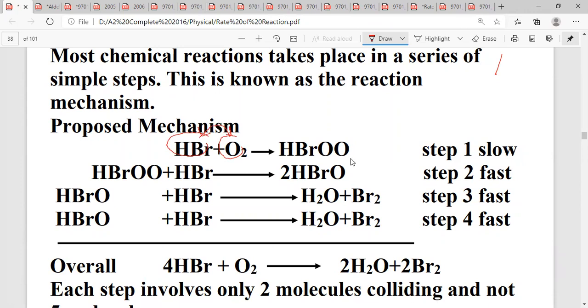Every step involves only two, normally. So this is a normal assumed mechanism. Not three fellas. Two fellas can meet by chance quite constantly, but three fellas meeting at the same time all the time is very difficult. Low probability.